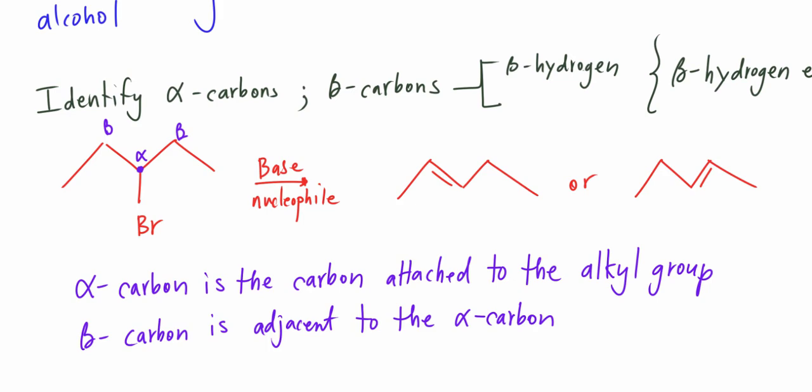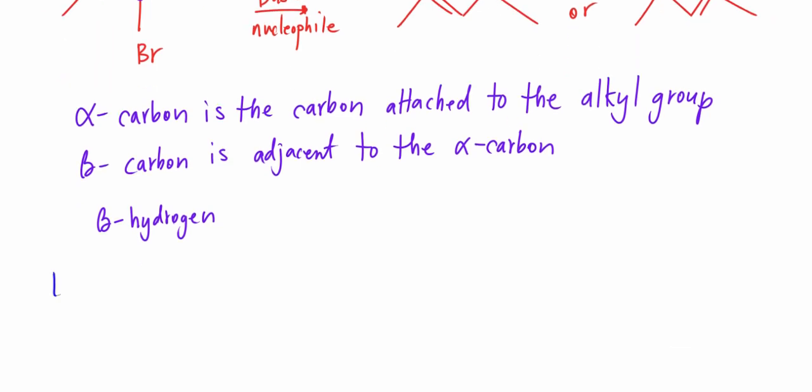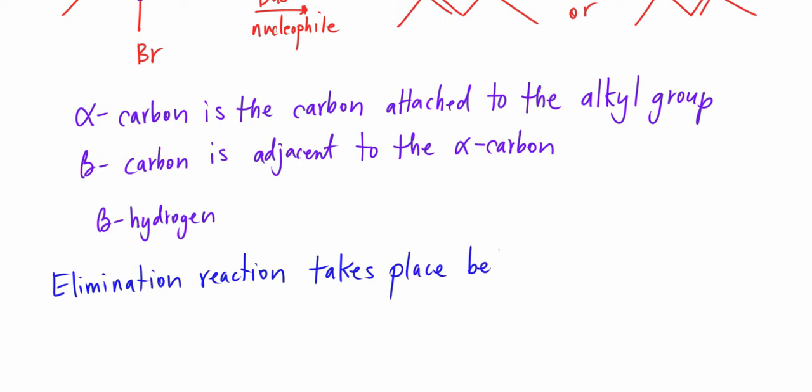Okay. Now, what we're concerned about is the number of beta hydrogens, because an elimination reaction takes place between the alpha and beta carbon.